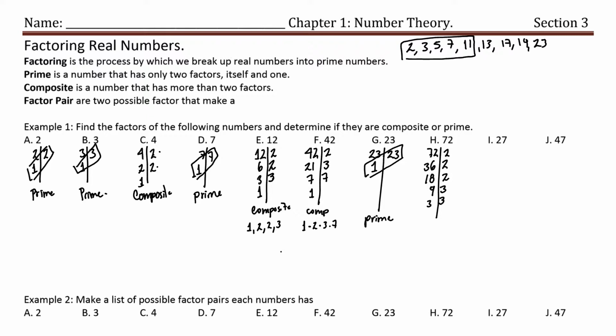And 3 divided by 3 is 1. So the list of factors is going to be 1 times 2 times 2 times 2 times 3 times 3.